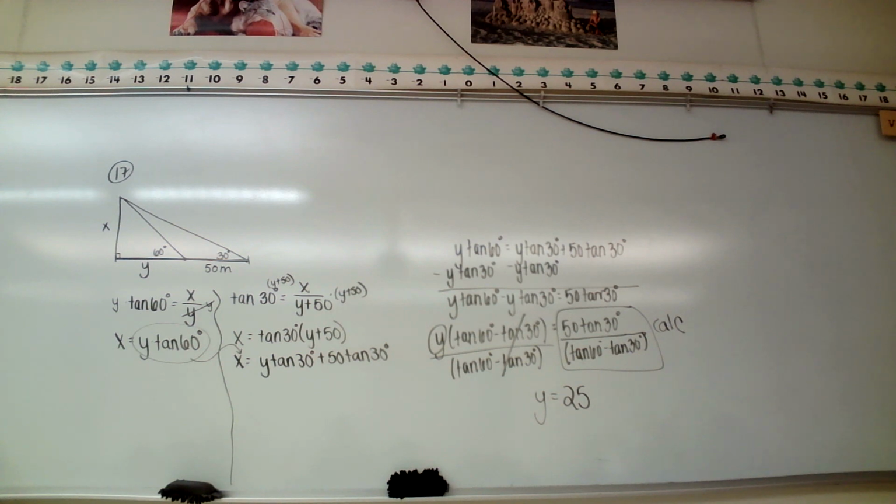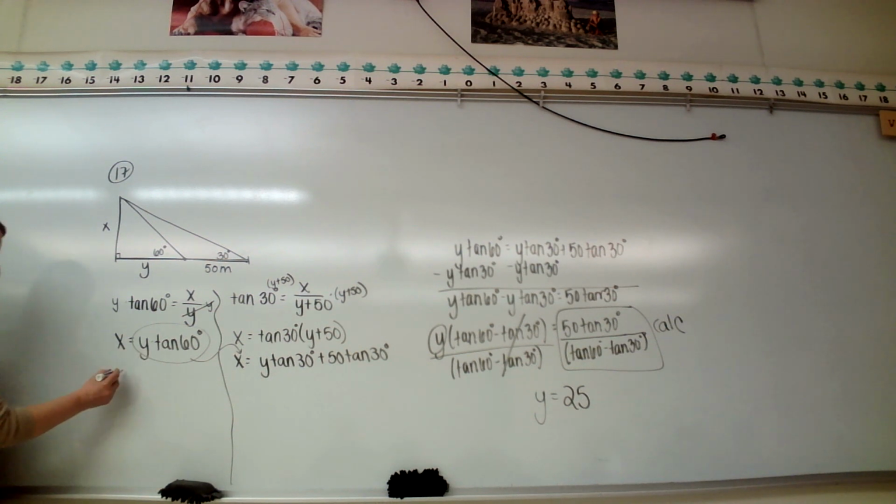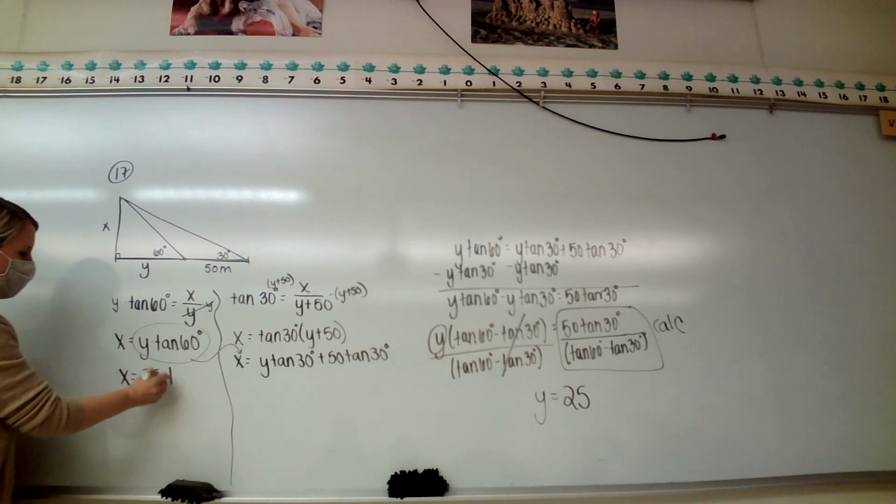All right, still chugging along here. Okay, I'm super excited I found y. Not actually what I needed, I needed x, but that's exciting. The nice part is, once you find one variable, you can just plug it in to find the other one. If y is 25 and I need x, I'm just going to go back to right here, because x is just going to equal 25 times tangent of 60.